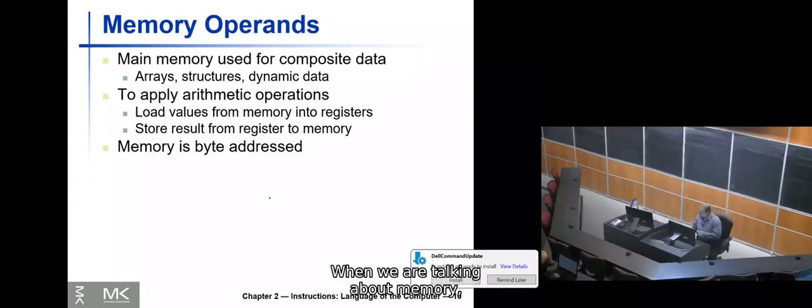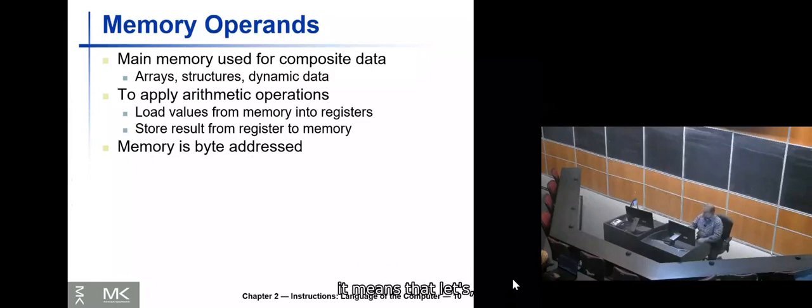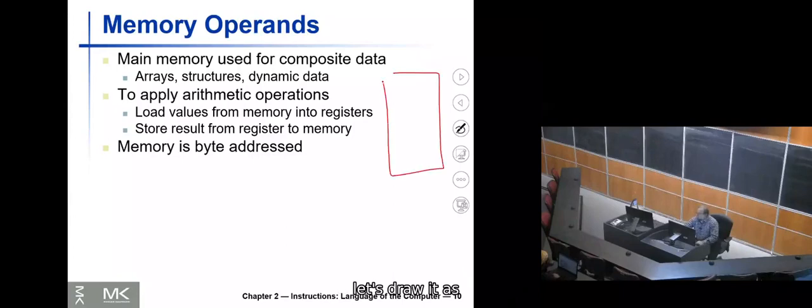When we are talking about memory, let's draw it as several cells. These are cells of memory.